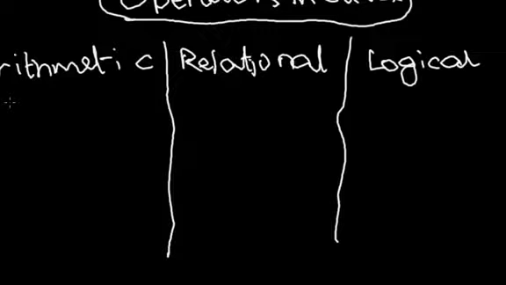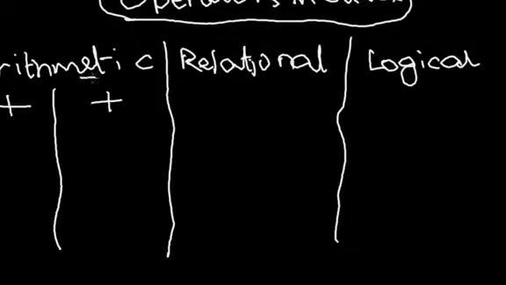So arithmetic operators, let's subdivide this into the real mathematical symbol and the Java symbol. So for addition, the mathematical symbol is plus, the Java symbol is also plus. So let me just write here Java and math. Okay, so for minus, in math it's minus, in Java it's also minus.